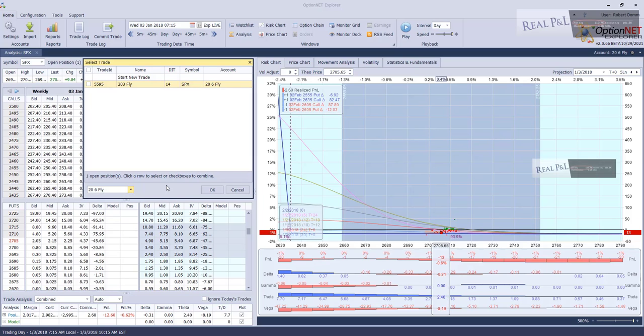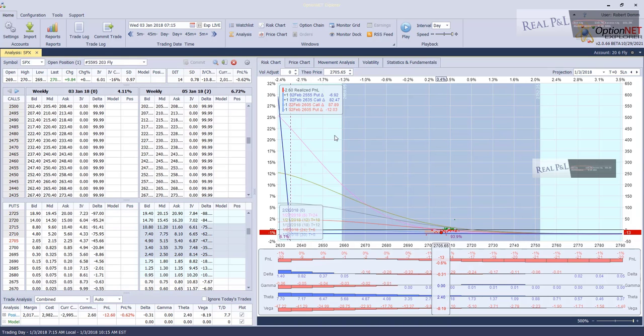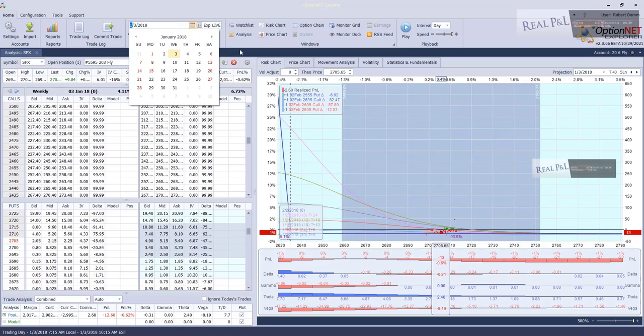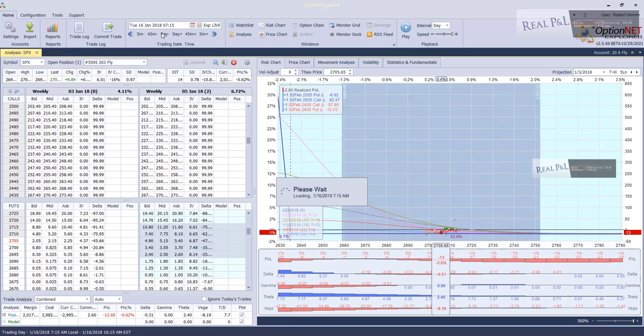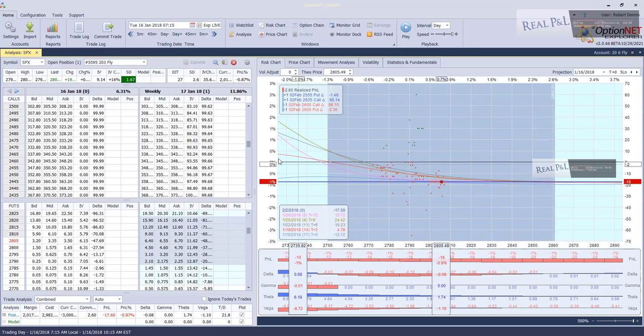Okay, so we're in this particular account right here, this 206 fly, and I've already run backtests in this. I'll just pick some random date. Now, one of the things is you want to make sure that you have the correct underlying.